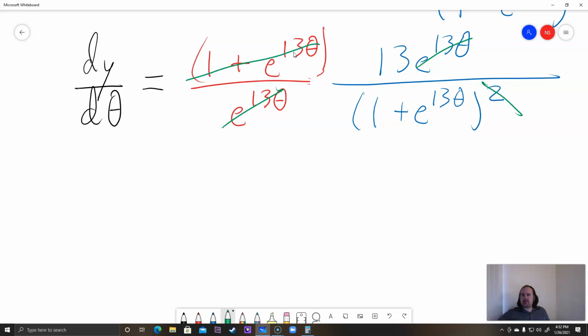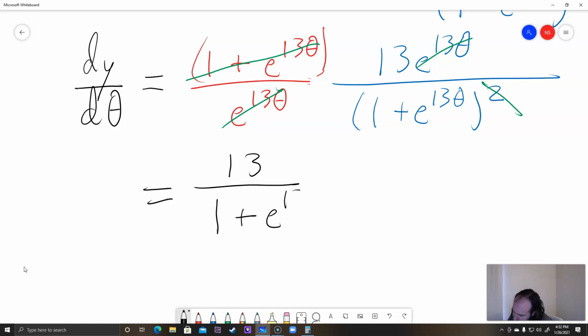If you subtract the exponents, it's actually 2 minus 1 on the bottom, so the exponent is going to be 1 on the bottom. So now that I've crossed everything out, I have my final answer. So whatever I didn't cross out is what's left. So we got 13 on the top, and then on the bottom we have 1 plus e to the 13 theta.